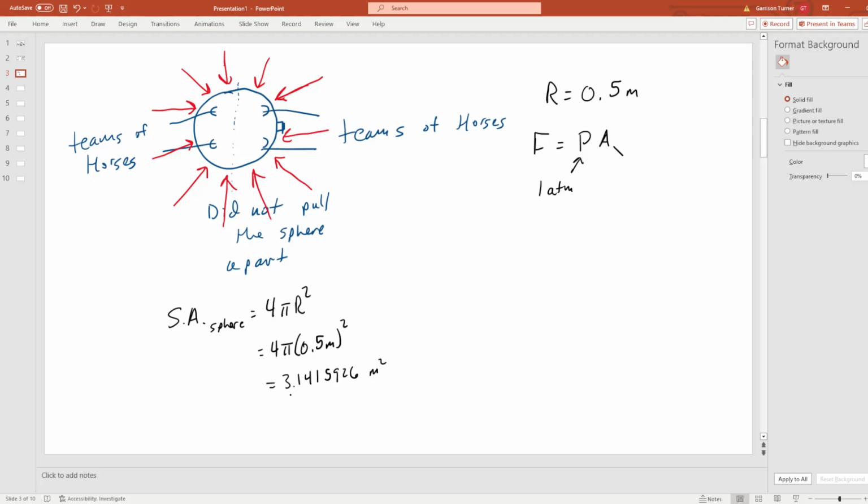For intermediate calculations, it's fine. So F is going to be equal to 1.013 times 10 to the 5th pascals. That's 1 atmospheric pressure. Times 3.14.